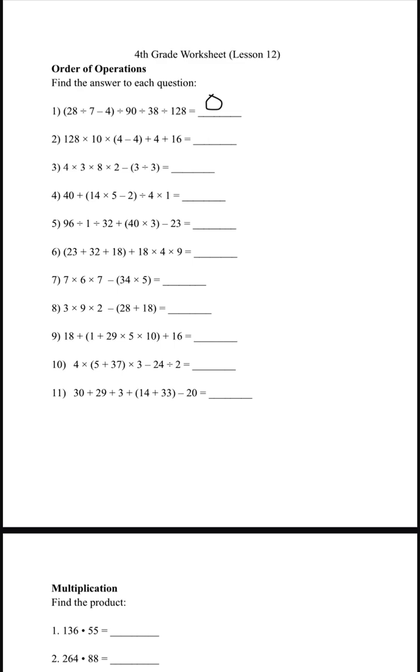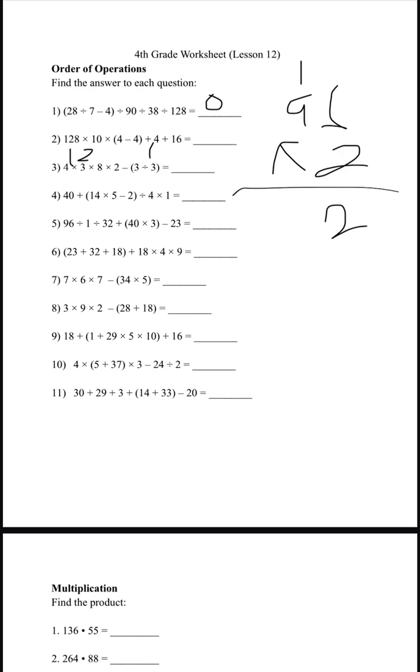So we need to do parenthesis first, and 3 divided by 3 is 1. 4 times 3 is 12, and 8 times 12 is 96, and 96 divided times 2 is 192, and 192 minus 1 is 191. So 191 is the answer for number 3.